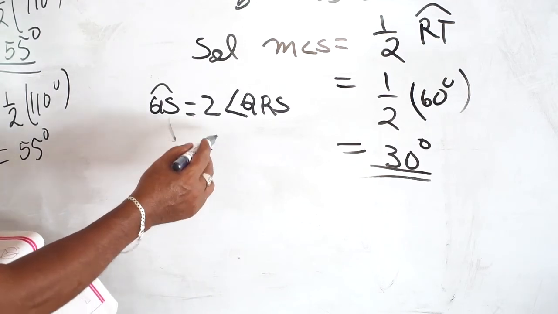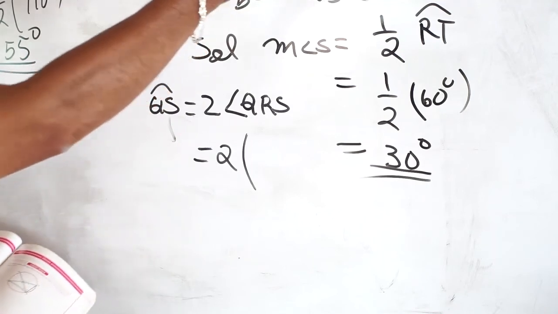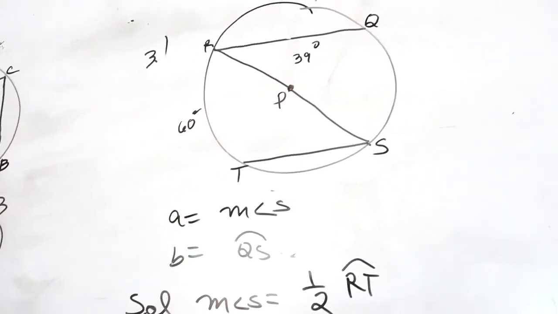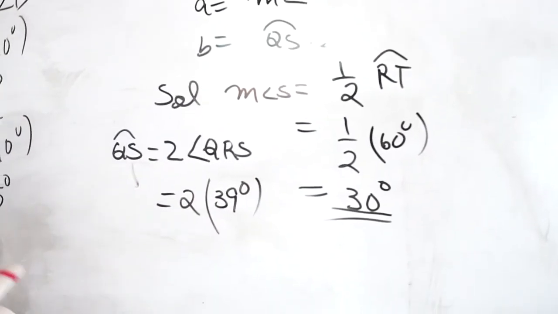So that is 2 multiplied by the measure of angle QRS, which is 39 degrees. Then simplify.